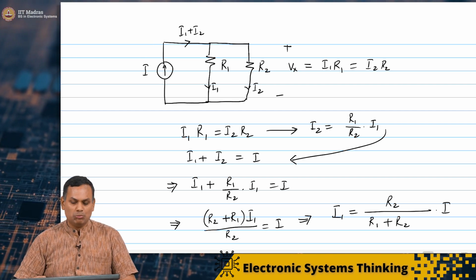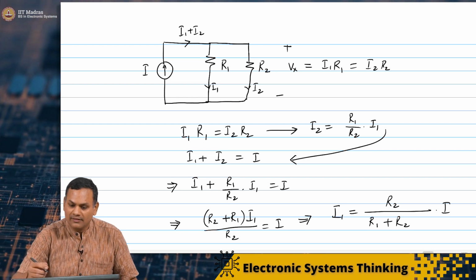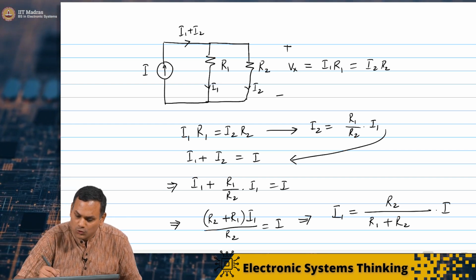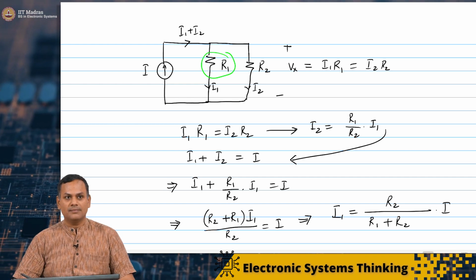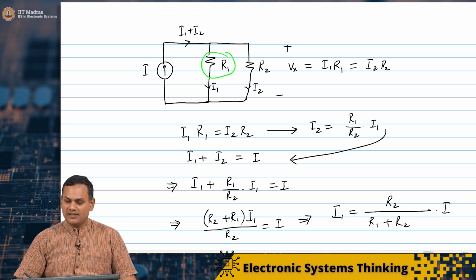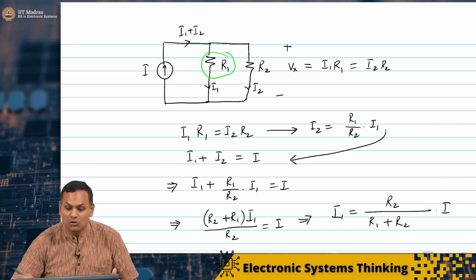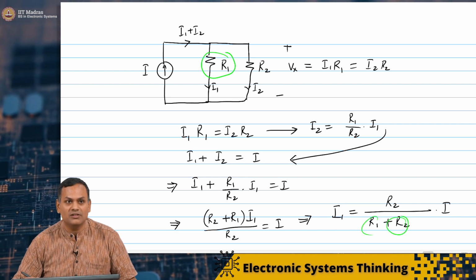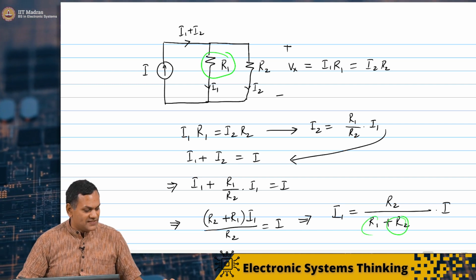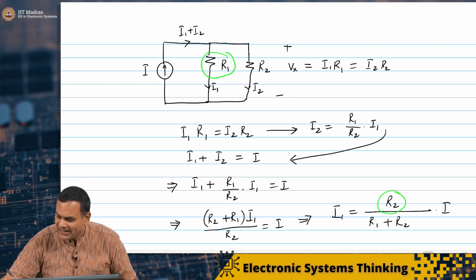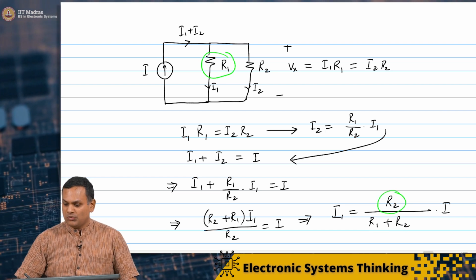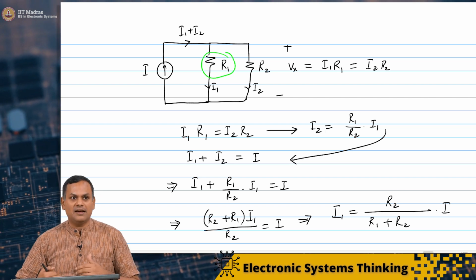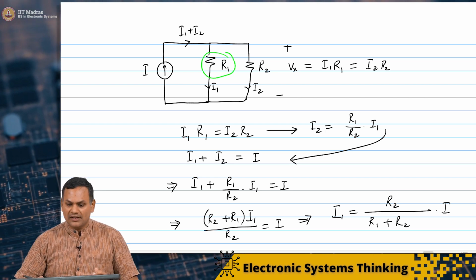This is telling you that the current through resistor R1 in some way depends on both the resistors R1 and R2 through the denominator, but you can see that in the numerator it depends on R2, and this is a common observation.